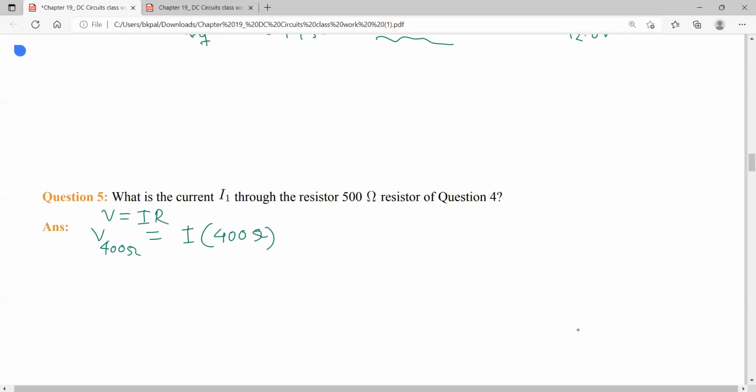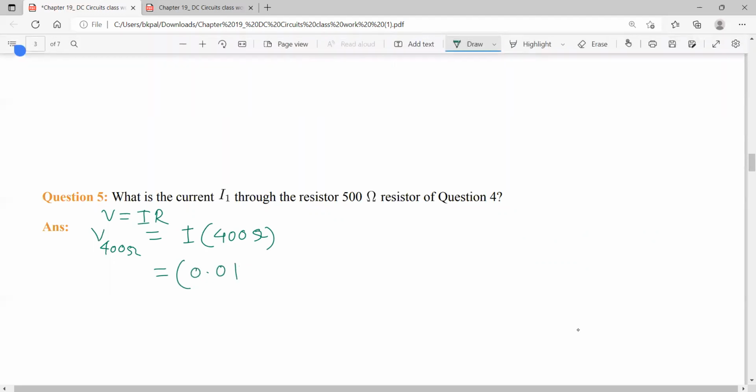So I want to know the voltage drop in the 400 ohm resistor, and I got 6.92 volts.